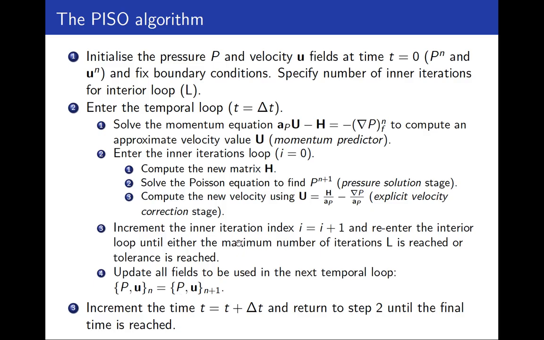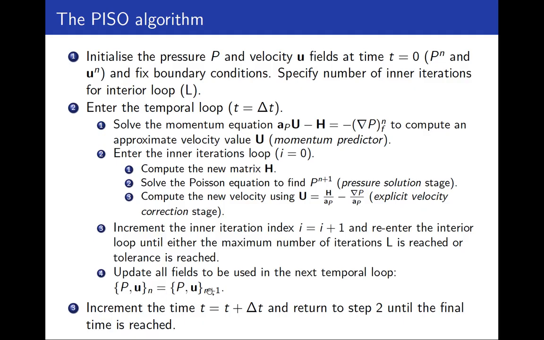So that means the values of velocity and pressure that you obtain at the end of the inner iteration loop will be the values that will be used in the next temporal loop. So you assign these quantities.